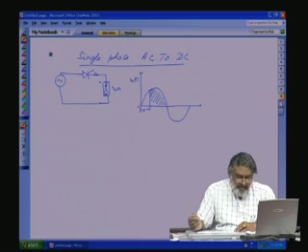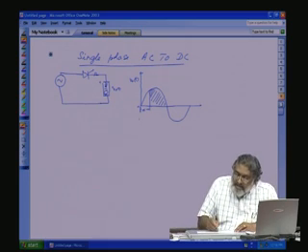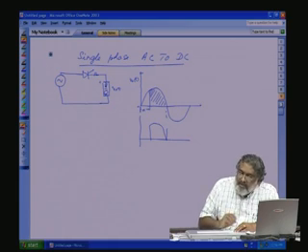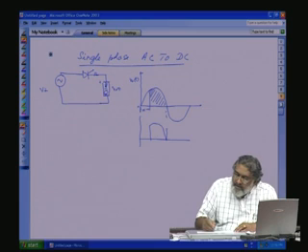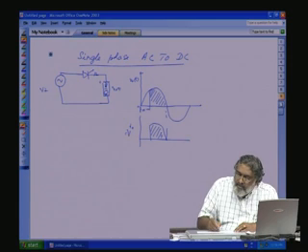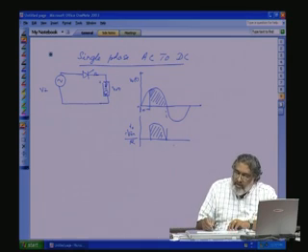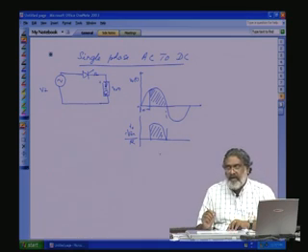Before coming to the inductive load, let us see how the current will be for the resistive load. Current will be in this form. This is our V in. During this portion, the current I0 will be equal to V in divided by R. But during the half cycle, the moment the voltage goes negative, what will happen?